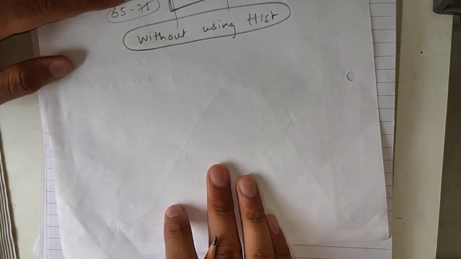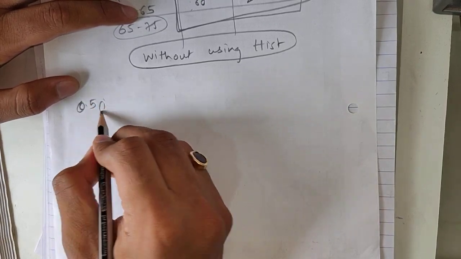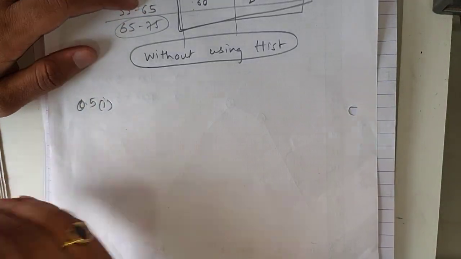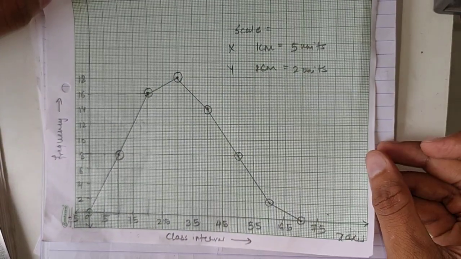If you want, I can do one more sum. I'll do question number 5, the first one. We did the second one. Pause the video and copy it down if you need anything.